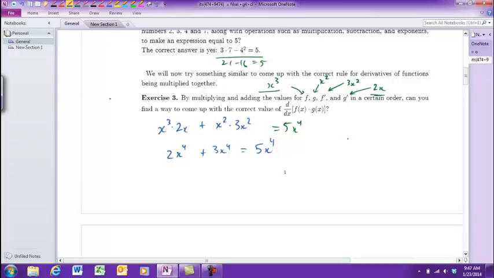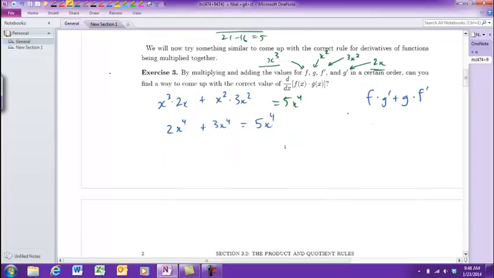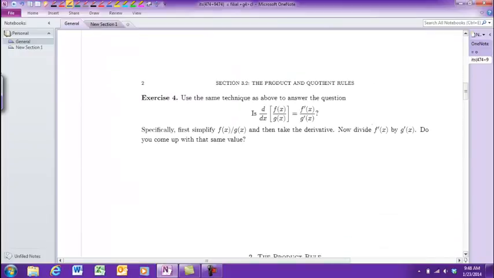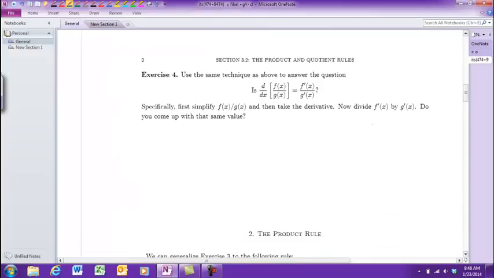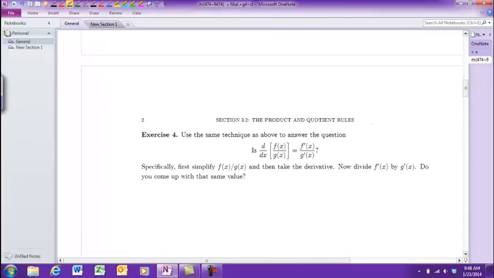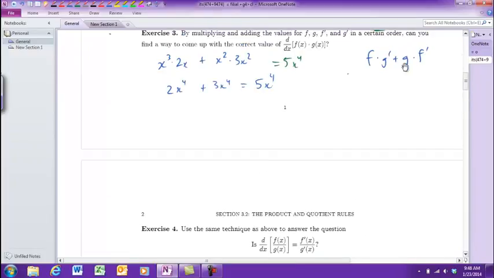Our x cubed, that was our f, and then we multiplied it by 2x, which was g prime, and then we added to that our x squared, which is g, and we multiplied that by f prime. And it turns out that this is the correct rule for taking the derivative of products. That's called the product rule, and we'll get to that in a minute.